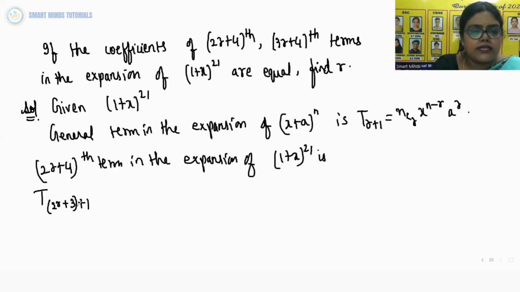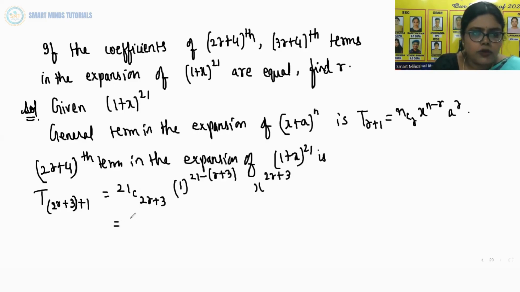Now we take this as r. So that is 21C(2r+3), 1 power 21 minus (2r plus 3), and x power 2r plus 3. So that is 21C(2r+3), and 1 power anything is 1. So we are left over with x power 2r plus 3.